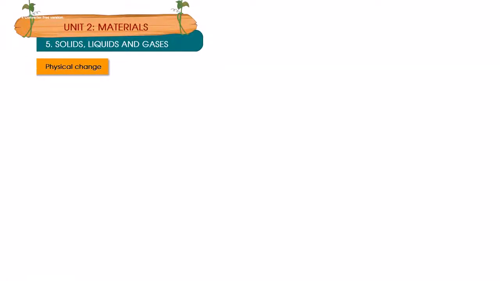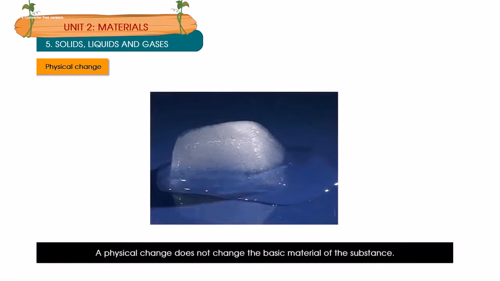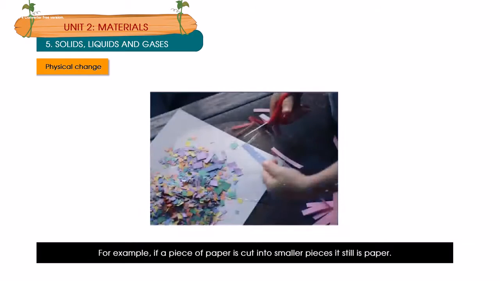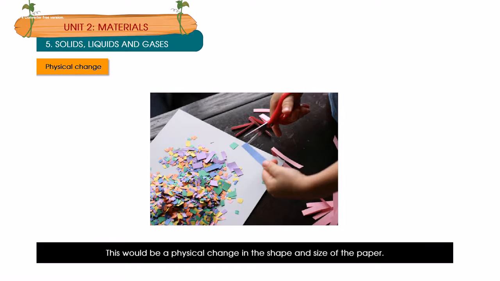Physical change. A physical change does not change the basic material of the substance. For example, if a piece of paper is cut into smaller pieces, it still is paper. This would be a physical change in the shape and size of the paper.